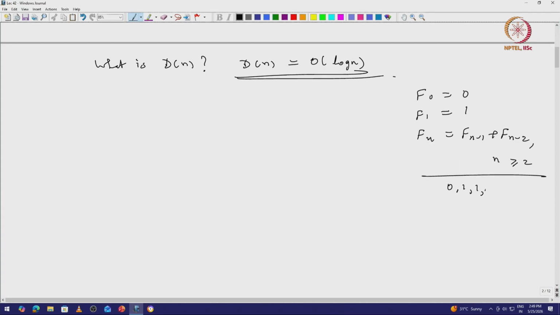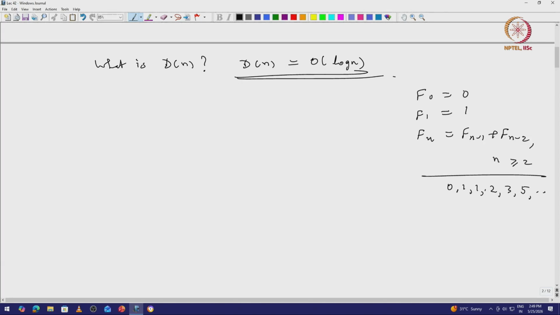So 0, 1, 1, add the previous two terms and get the next one, and this is the Fibonacci number. The Fibonacci numbers have several interesting properties.